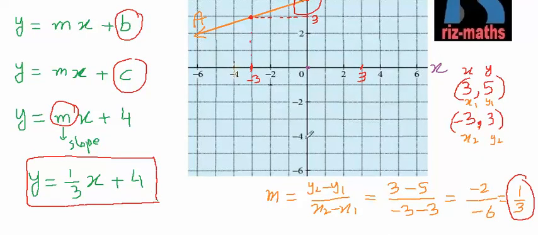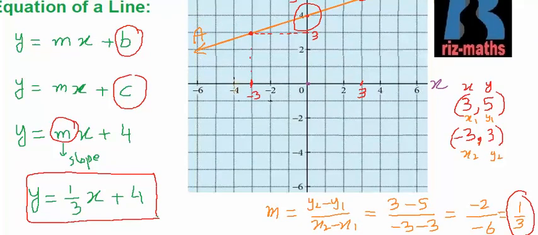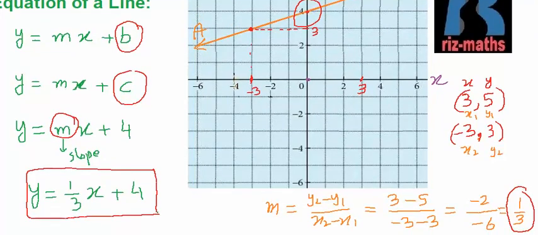Remember, whenever we are asked to find the equation of a straight line, we need two things. One is the slope and the other one is the y-intercept, b or c. This is called the y-intercept, maybe a new word for you.